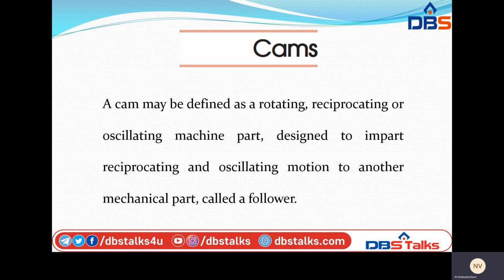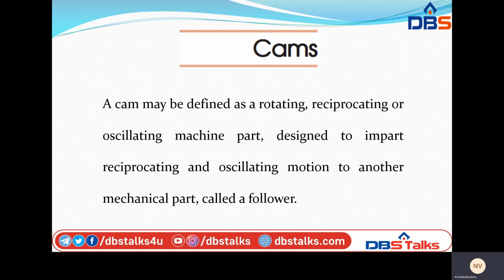Here the cam is rotating, but the function of the cam is to operate another mechanical element, which may have reciprocating or oscillatory motion.